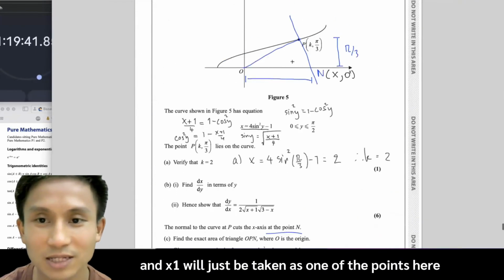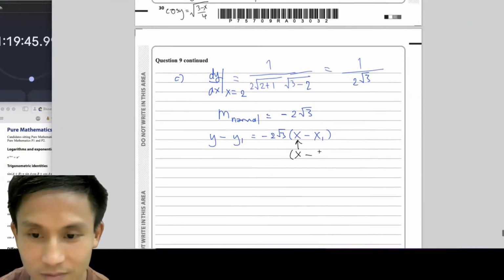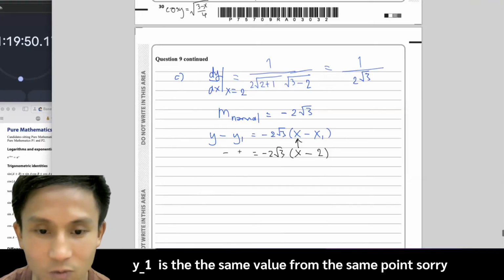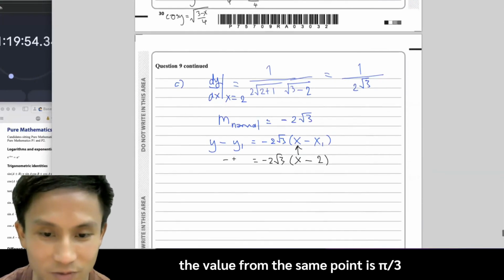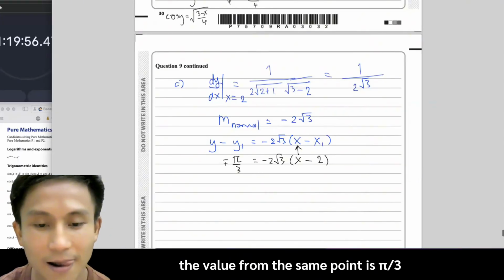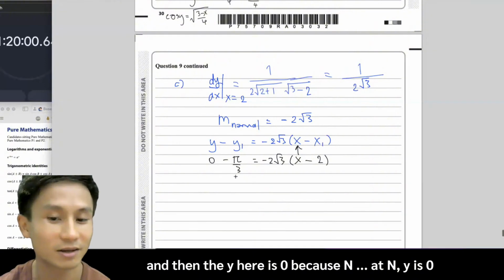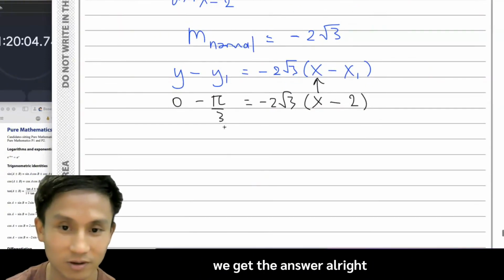And x1 would just be taken as one of the points here, which is the K again. Okay, that's the gradient. y1 is the same value from the same point. Sorry, the value from the same point is pi over 3. And then the y here is 0 because at N, y is 0. We solve for x here already. We get the answer. All right.